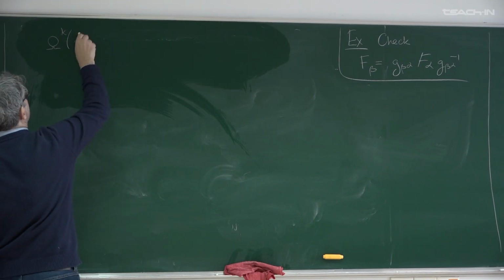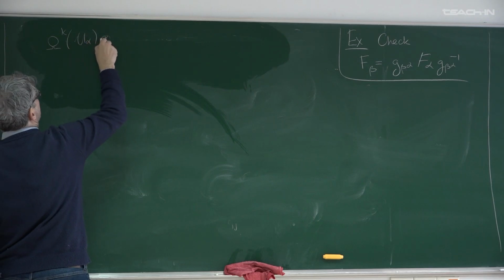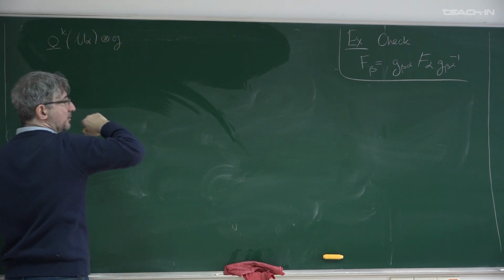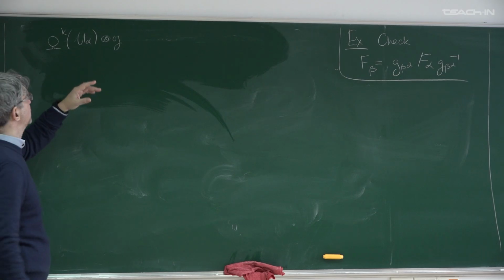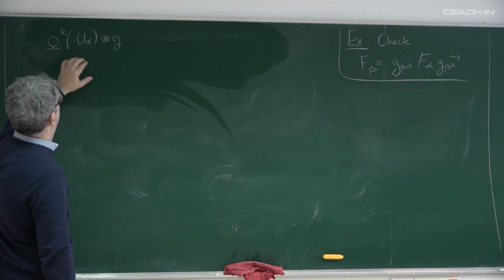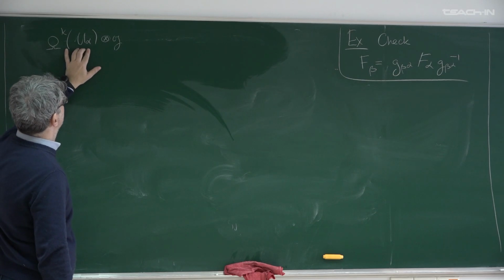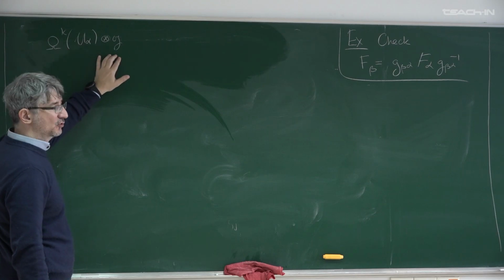We will deal with k-forms on a trivializing chart, tensored with the Lie algebra. So this operation will be applied to the following objects: to the connection form and to the curvature form. So the objects in a local chart look as follows. You have a differential form in a trivializing chart on the base manifold, tensored with the Lie algebra.